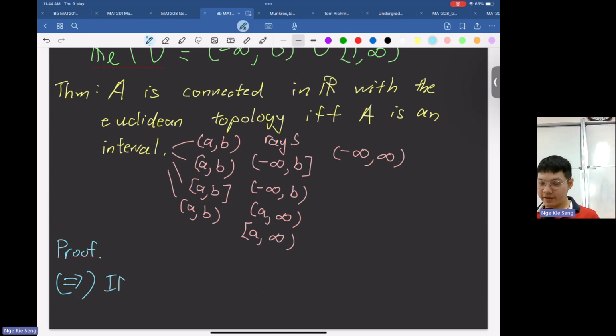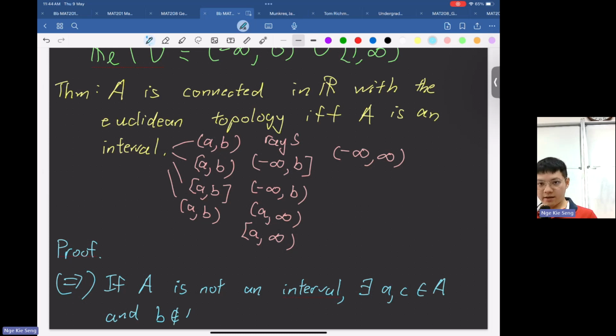So we will use the contrapositive. If A is not an interval, meaning what? Meaning there exist A and C, two points in A, and a point B not in A, such that this point lies in between A and C. Is it true?